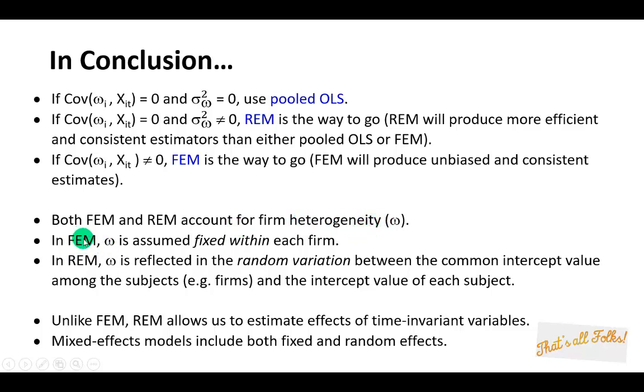In fixed effects model, the heterogeneity is assumed fixed within each firm, as we learned. In random effects model though, the cross-section random error term omega is reflected in the random variation between the common intercept shared by all firms in the same business environment and the intercept value of each of the firms.